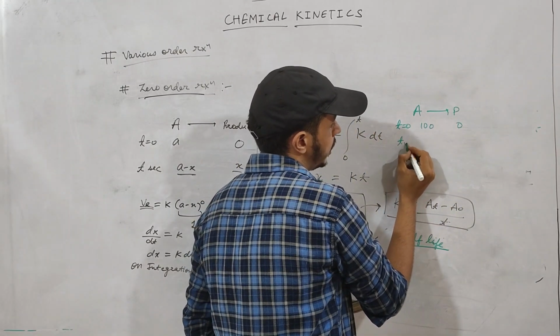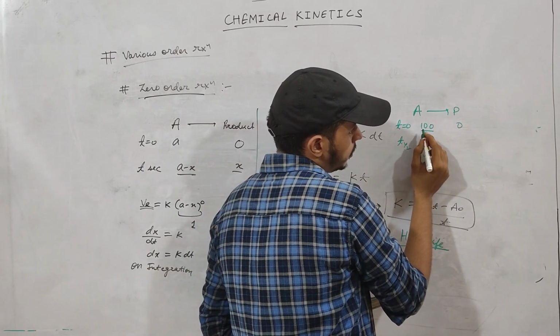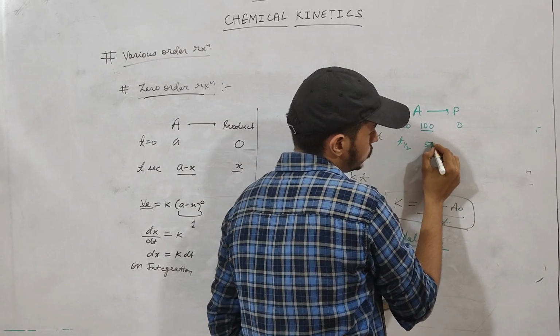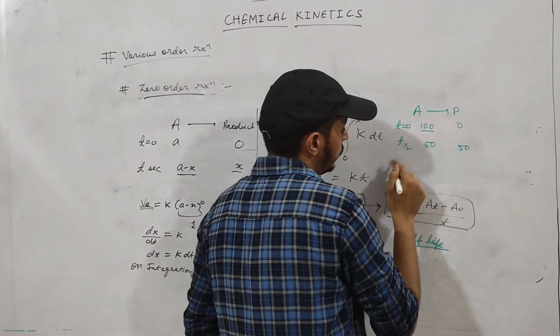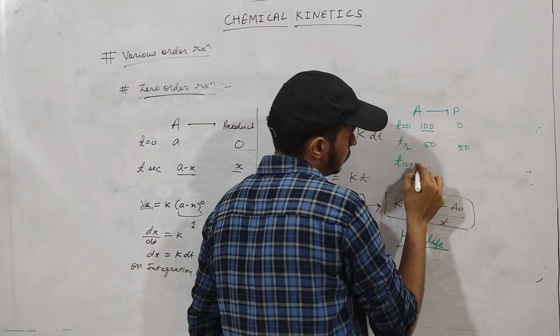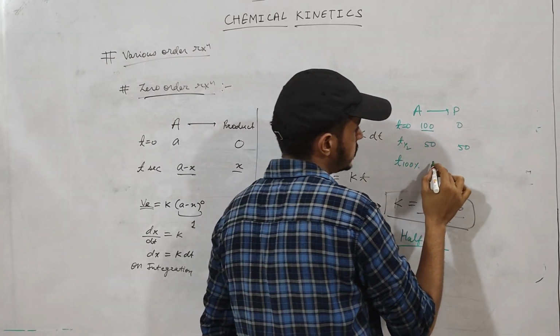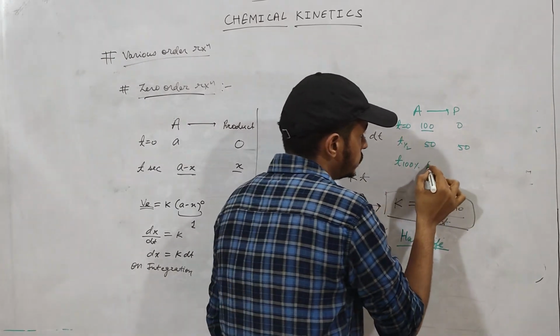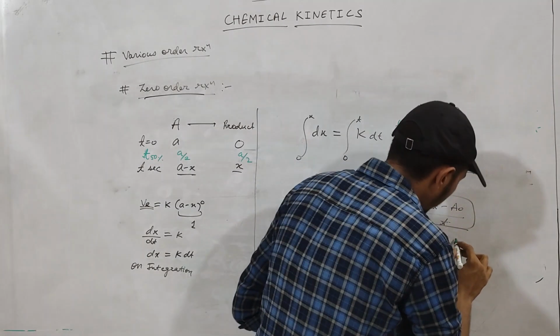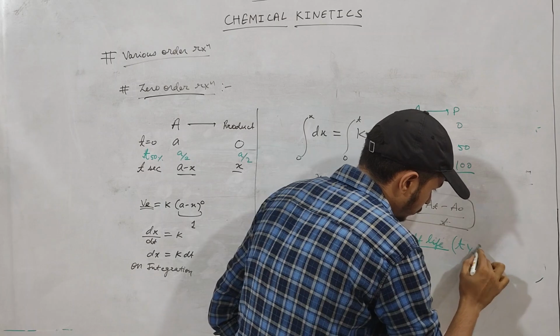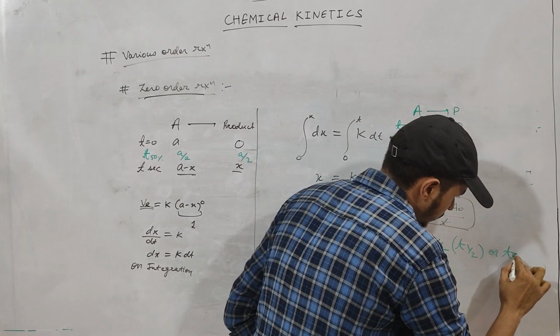At half time, half the amount of reactant is converted into product, so reactant will become 50 and product will also become 50. Now at t equals 100 time, the reaction is completed 100%, so reactant will become 0 and product will become 100. So half life is represented by t half or t 50%.